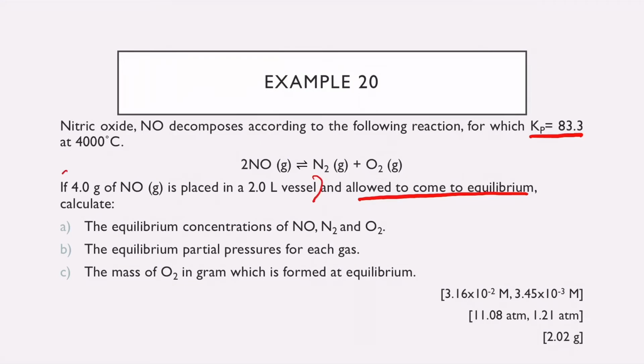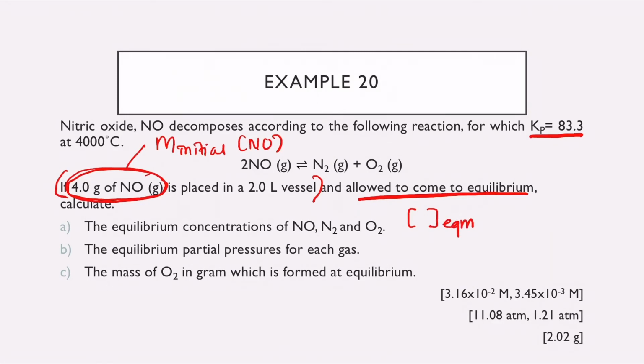Maksudnya, this information, this mass of NO gas is your initial mass of NO. Okay, not at equilibrium. Okay. So dia suruh cari the equilibrium concentrations of NO, N2 and O2. So maksudnya you have to find equilibrium concentration. So you have to draw the ice table. Right.